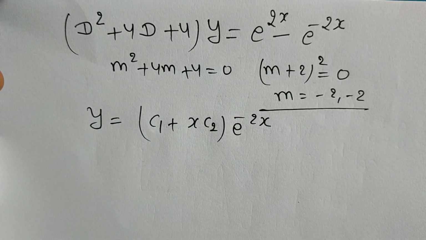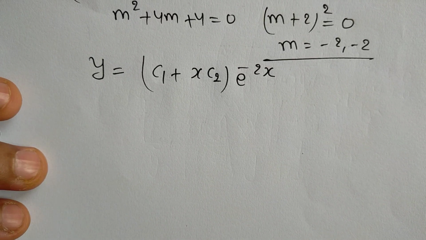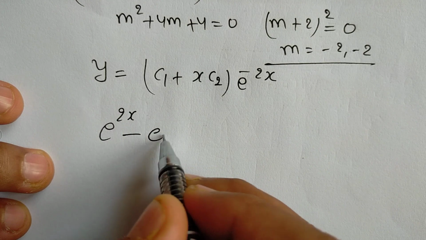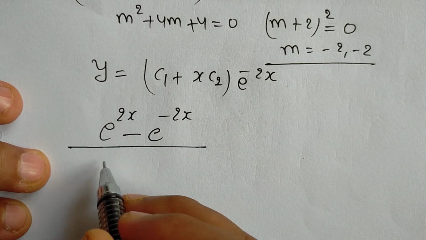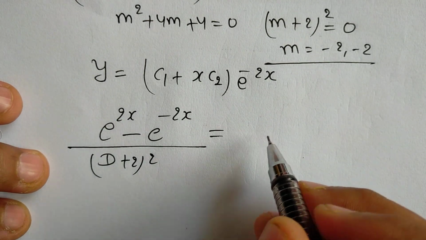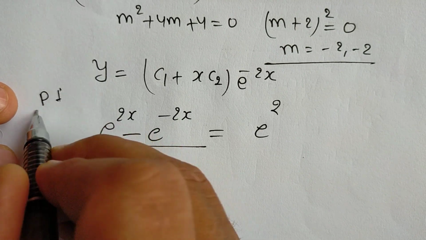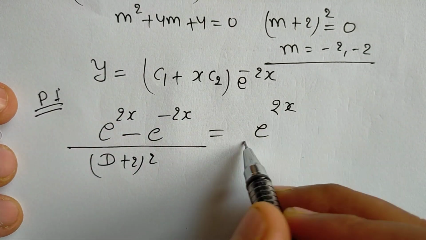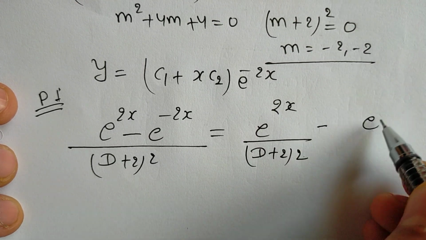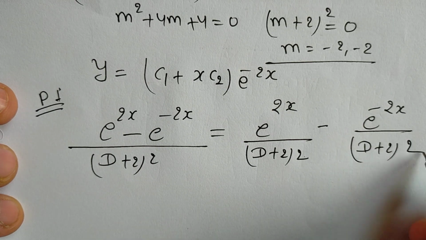Now let us find the particular integral using the direct method. So (e power 2x minus e power minus 2x) by (D plus 2) whole square. Here we can have two terms: e power 2x by (D plus 2) whole square minus e power minus 2x by (D plus 2) whole square.